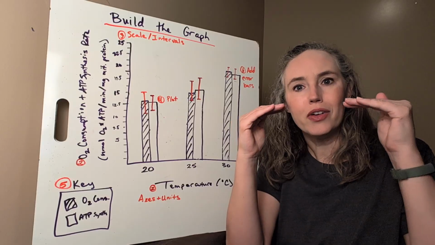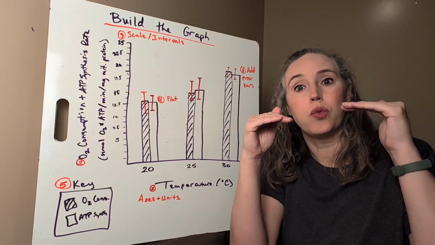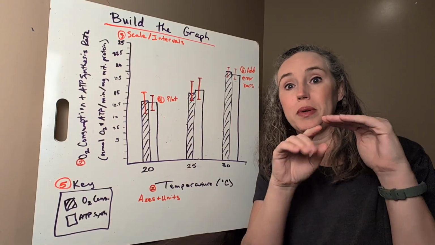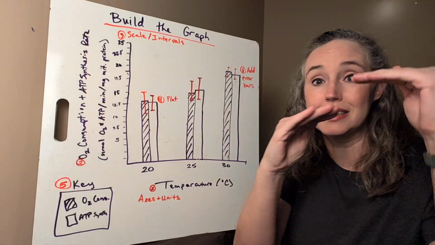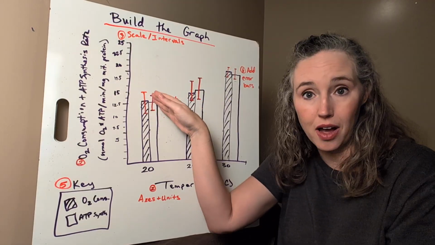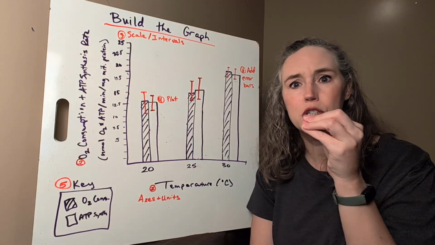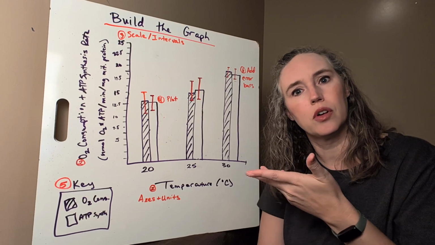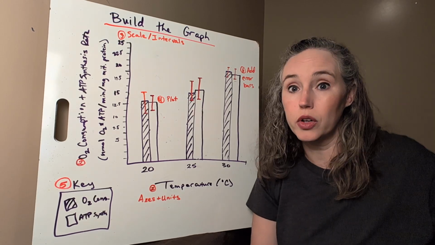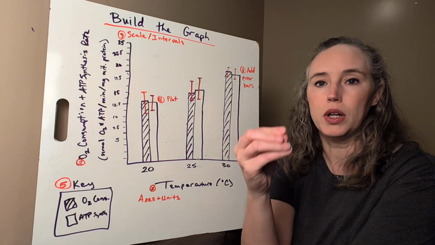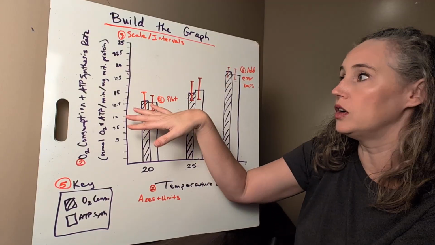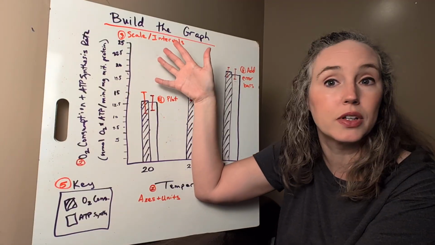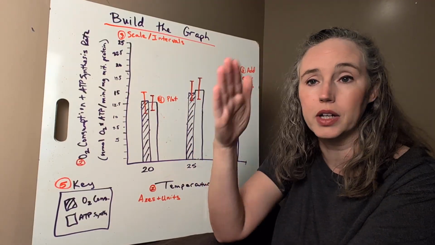But if one is higher, that bar needs to be higher. And if one has a greater standard error of the mean, then that I bar needs to go farther than the other one. So be sure that your picture visually matches what your words are saying. And if you plot it correctly, that would be fine. But I also know that you can't get every single tiny decimal in there perfectly.